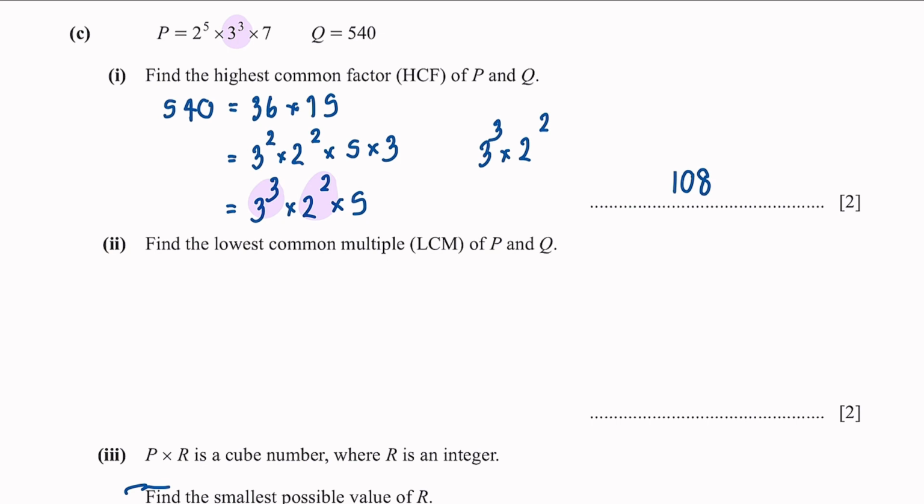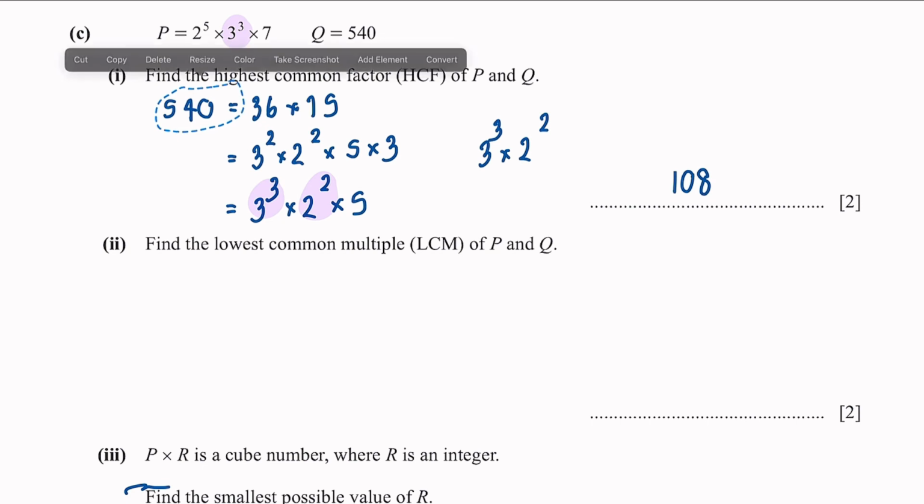Find the lowest common multiple of P and Q. Well, we have already factorized 540.